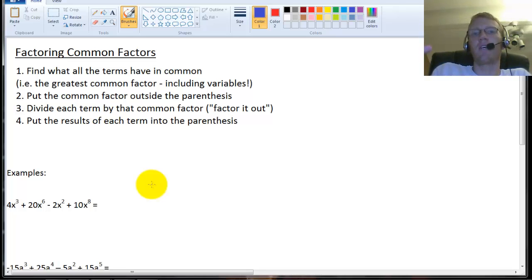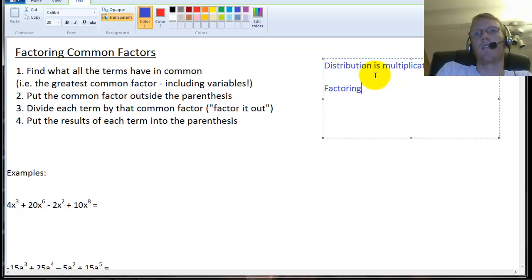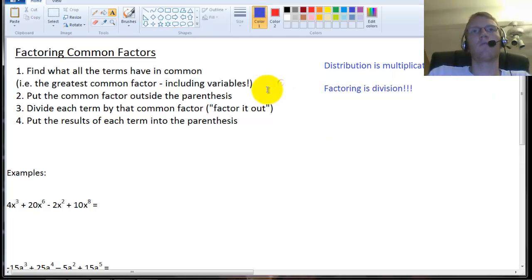So factoring out is division, distribution is multiplication. In fact, let me write that because that's really, really important. So distribution is multiplication. Factoring is division. Okay, so cool, that's important.